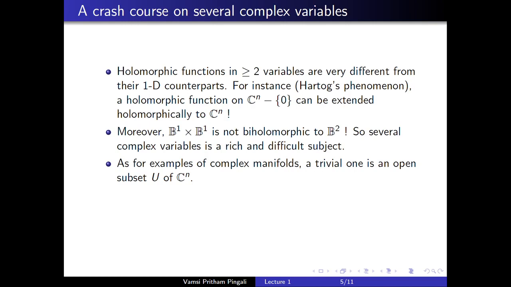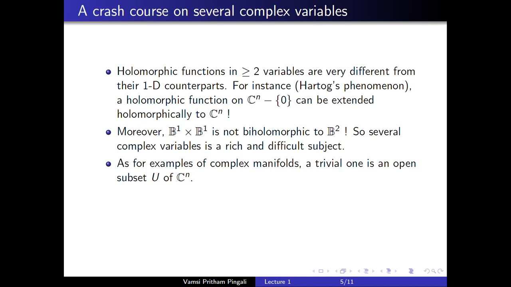So as for examples of complex manifolds, the most trivial example is of course an open subset of Cn. Already in this trivial setting, there are lots of features that arise with the presence of the complex numbers here, right?